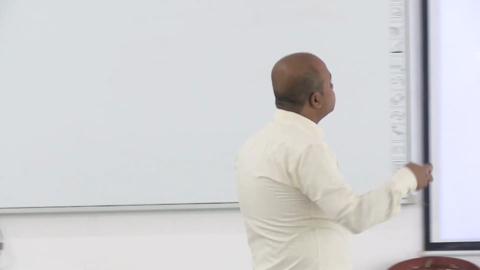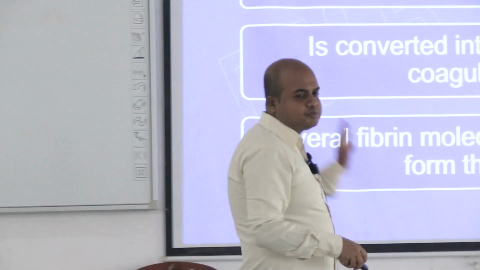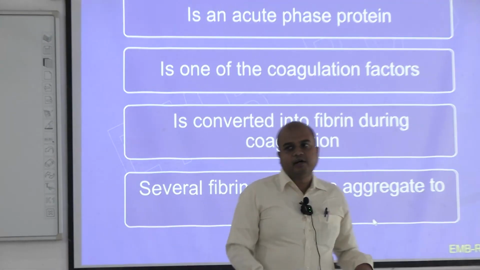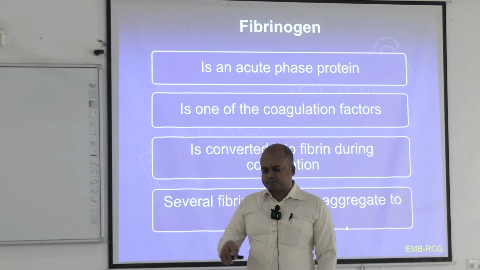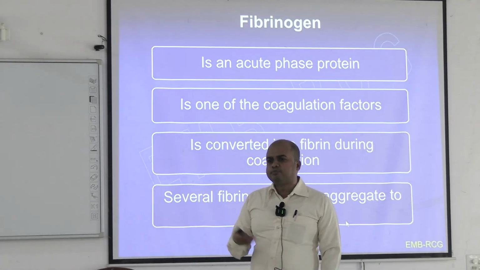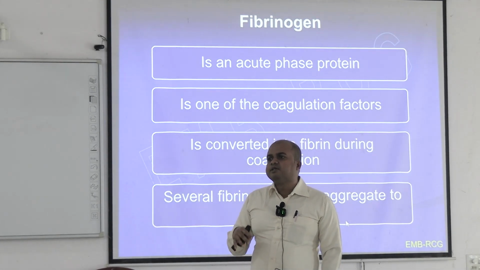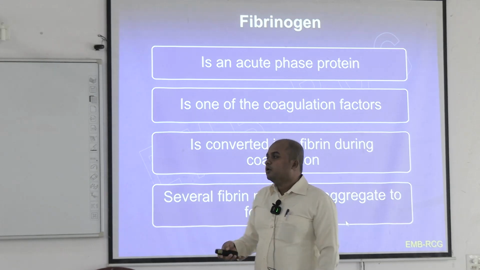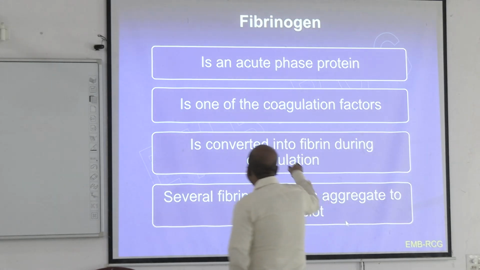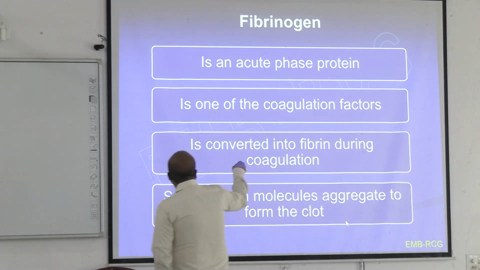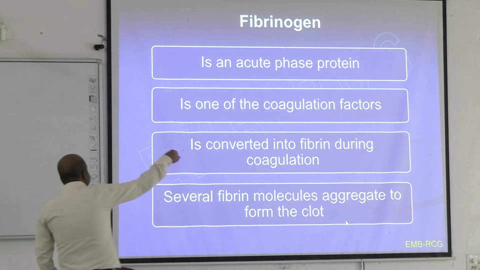There are other plasma proteins also, like fibrinogen, and acute phase proteins; you will get acquainted with these terms. Acute phase protein means whenever there is some acute disease condition. Fibrinogen is one of the coagulation factors, but it is also an acute phase protein.